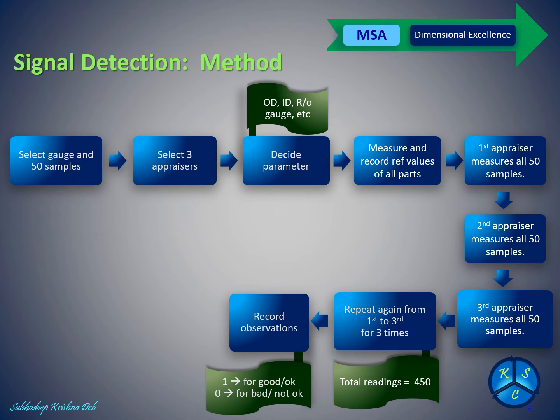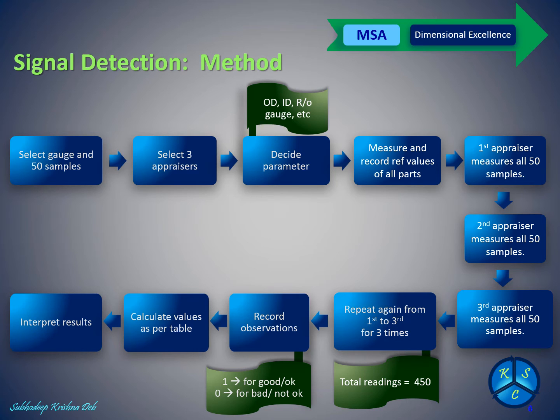After that, we need to record the readings as 1 for good or okay, and 0 for bad or not okay. So 1 should indicate the good and okay part, and 0 should indicate the bad and not okay parts, and then we have to calculate the values that will come up, and how to interpret that also we will understand in the coming slides.